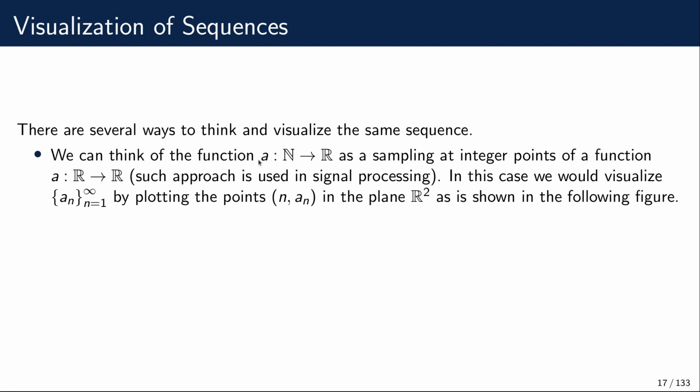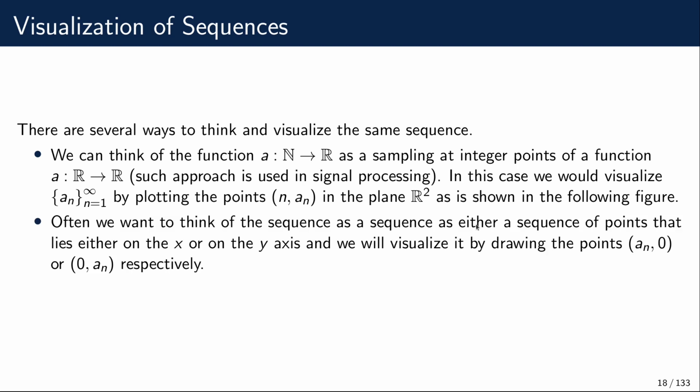Okay, so if we're thinking about it this way, if we have a function defined on the natural numbers into the real numbers, then to each n corresponds this a_n, and we can plot this by a collection of points, which we'll shortly see how.